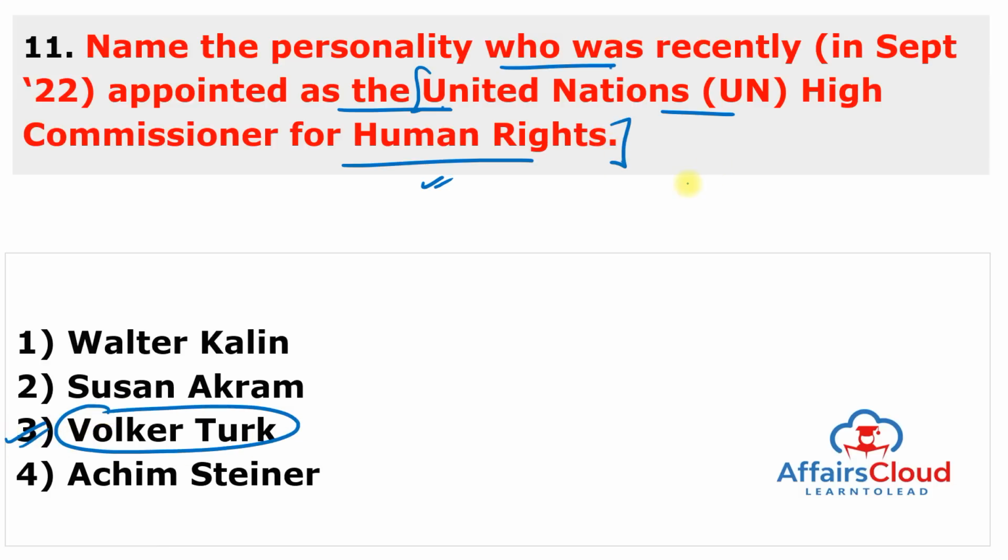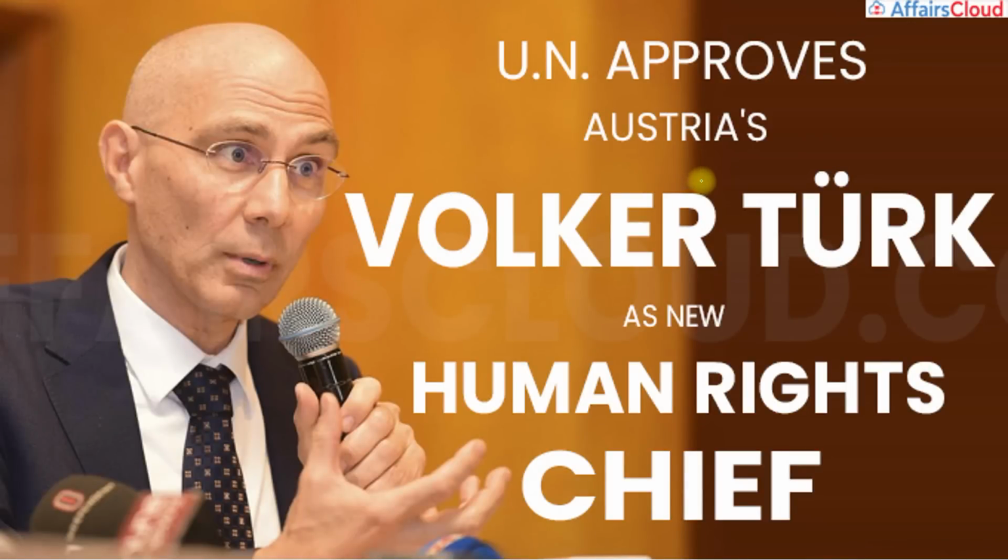So, the United Nations General Assembly approved Volker Turk of Austria to be the United Nations High Commissioner for Human Rights, and this appointment was proposed by the United Nations Secretary General Antonio Guterres. Volker Turk replaces Michelle Bachelet, a Chilean politician who served in the office of the United Nations High Commissioner for Human Rights from 2018 to 2022.